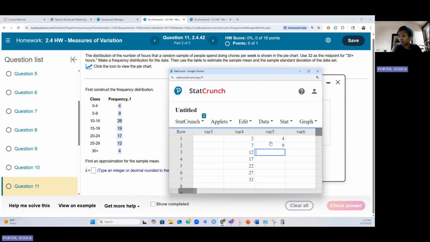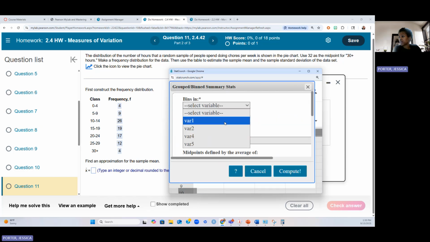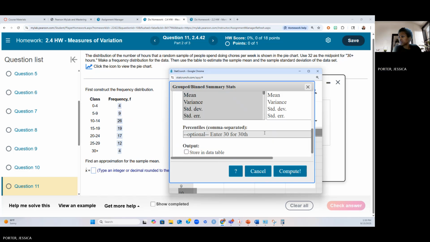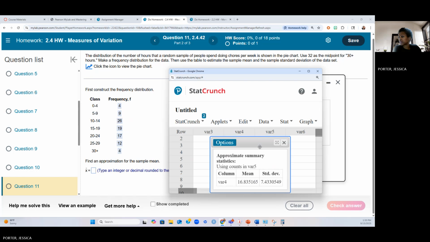Now I'll just enter in my frequencies. And then Summary Stats, Grouped/Binned Data. Bins are in Var 4 this time. My frequencies are in Var 5. And I just want the mean and the standard deviation.